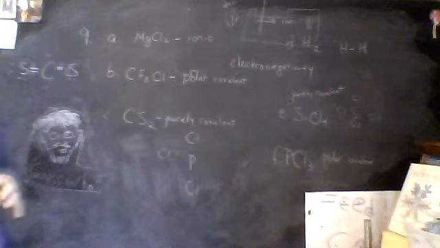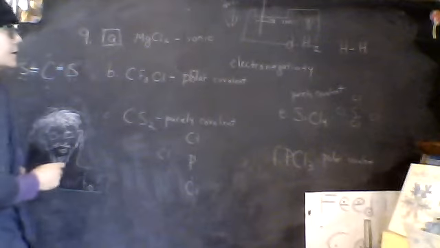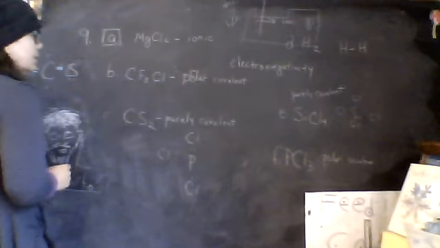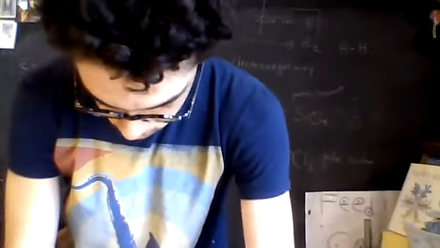Right, so those things will dissolve. A, C, D, and E. I'm sorry, A, C, D, and E. No, I meant pure covalent. Take another look at this. Polar covalent dissolve other polar covalent and ionic compounds.